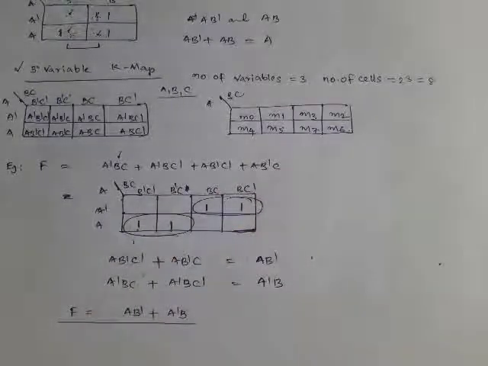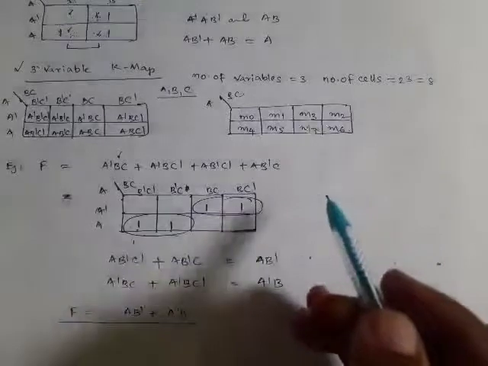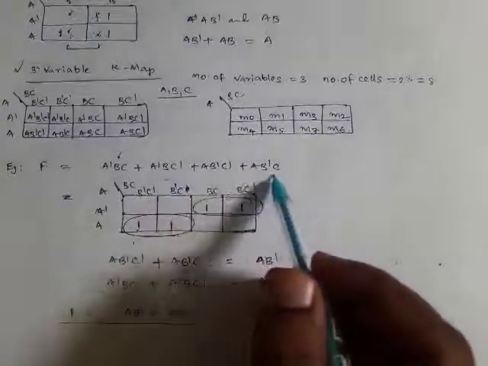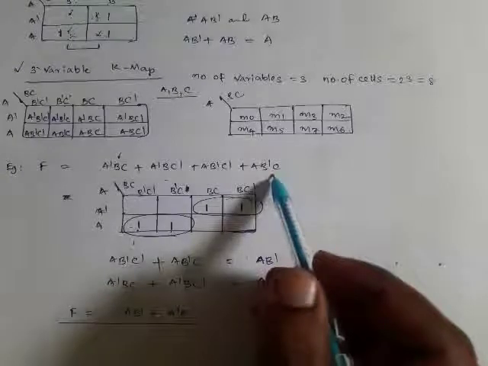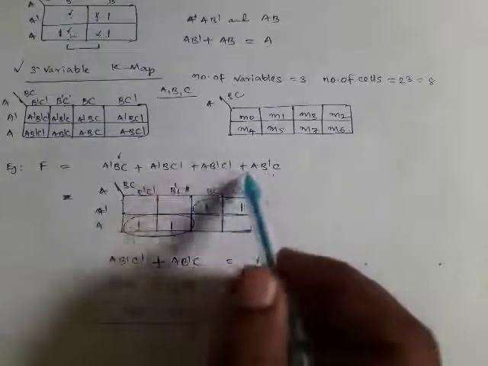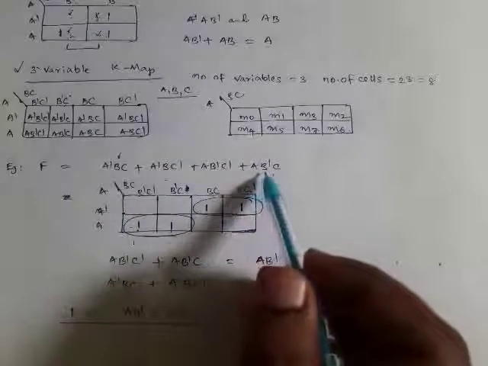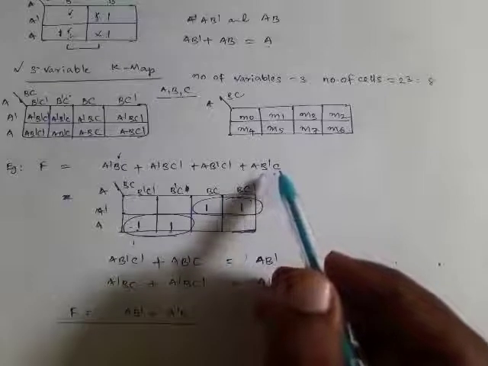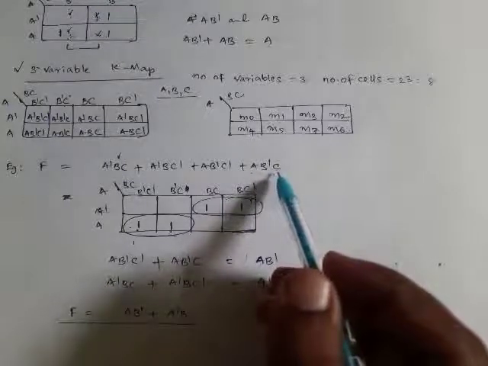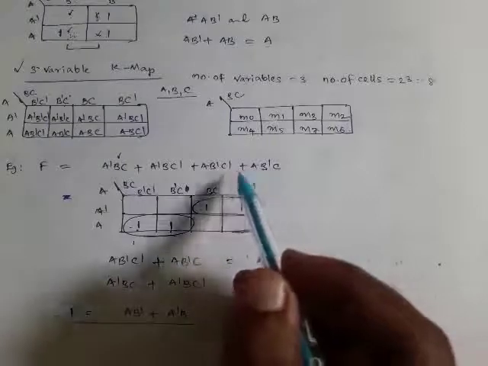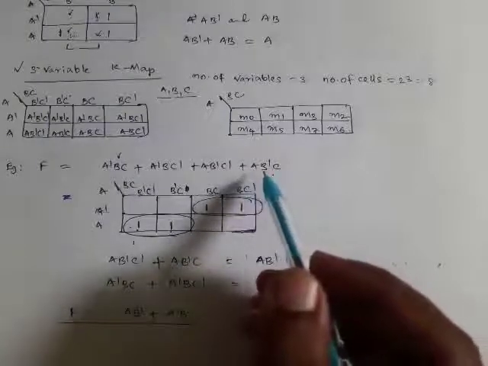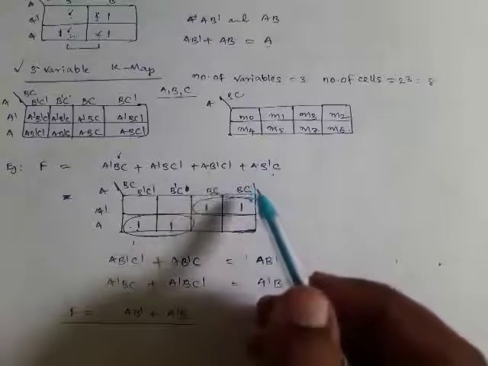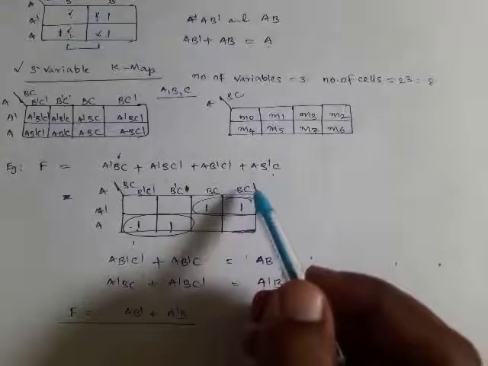If you see what we did, we took the given Boolean expression and examined whether it is in the form of standard sum of products, or sum of minterms, or not. The given expression is in sum of minterms, so here there is no problem, but if it is not, we should first convert it into the standard sum of products, the sum of minterms form.